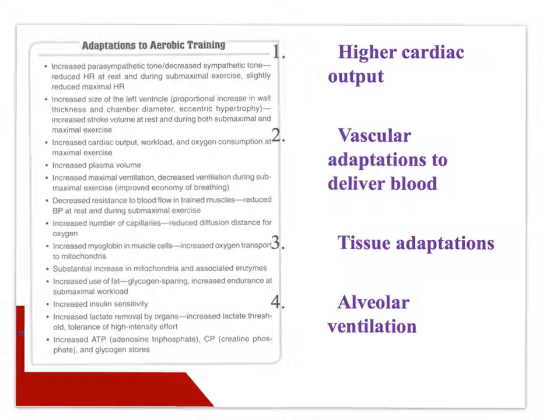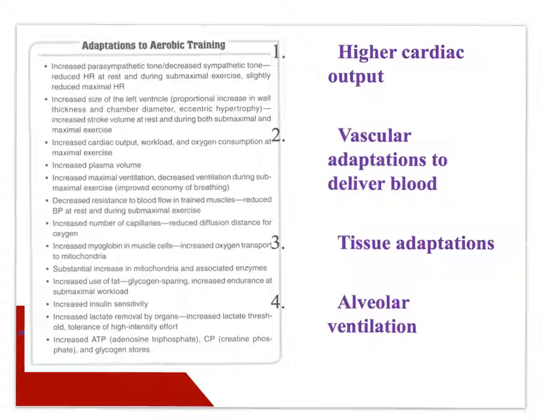Not always is left ventricular hypertrophy positive, but in the case of adaptations to aerobic training, it is positive because it causes increased filling and contraction to push more blood out with each beat, so that enhances stroke volume essentially.